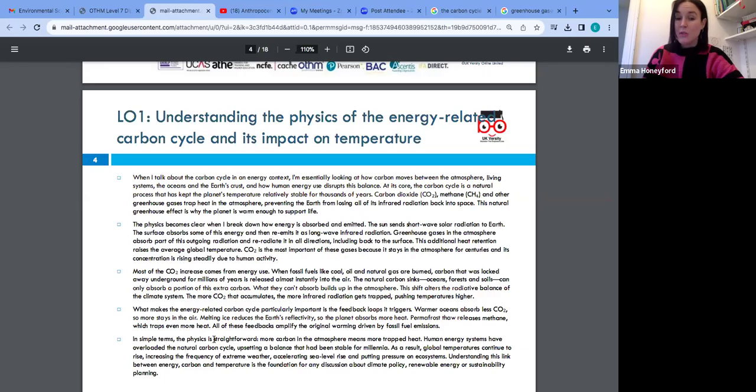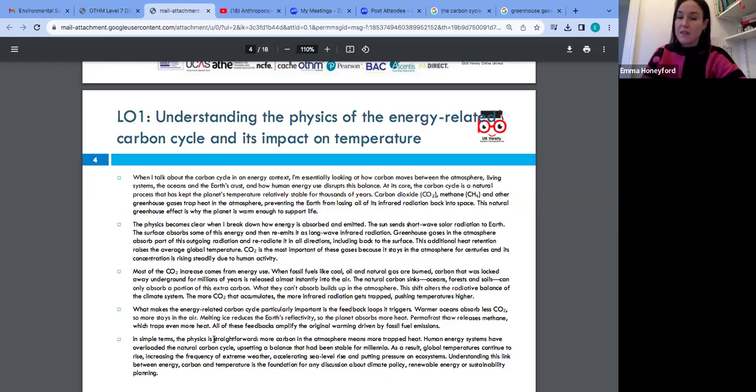Melting ice reduces the Earth's reflectivity, so the planet absorbs more heat, which in turn adds to more warming of the planet. Permafrost thaw releases methane, which traps even more heat. So it's really important. We need our oceans. We need our ice caps. They're really important to store greenhouse gases so that we don't continue this excessive warming of the planet.